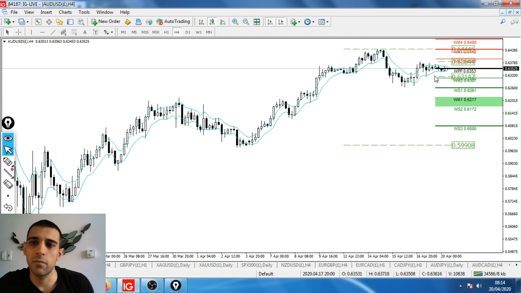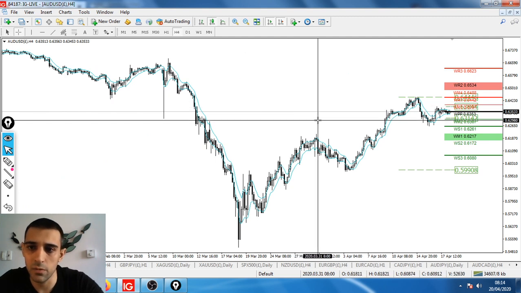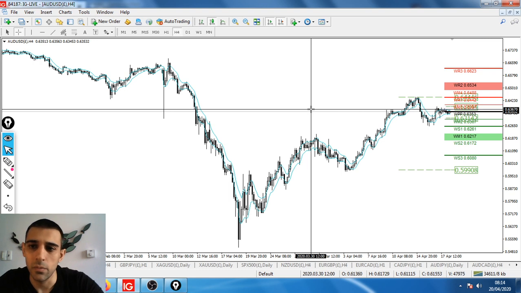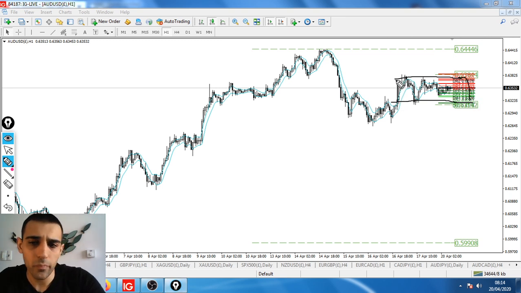On the 4-hourly time frame we see exactly the same picture. Because the price is in a choppy range, I want to see it either break up or break down. This is a 1-hourly time frame now, and we can see the price is sitting in this tight zone, which I don't particularly like.